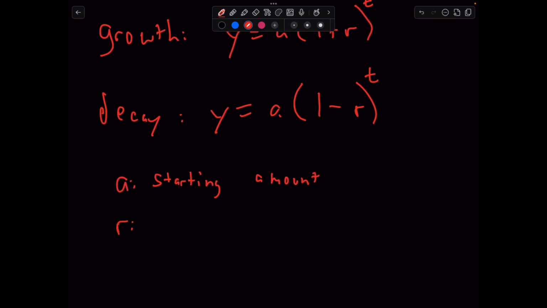R, this is your rate in decimal form. So if it says 8% growth, it means 0.08. If it says 12% decay, it means 0.12, not 12. And of course, t is your time.